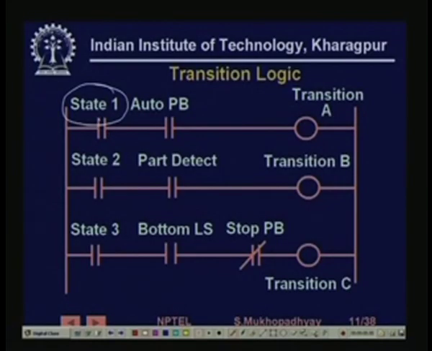If the system is in state 1, then this contact will be made, and at that point of time, if the auto push button signal comes, then transition A will get enabled. So, it will be on. If we have modeled our system well, then at a time only one transition will get on. If we do not consider concurrency, then at a time only one transition will get on.